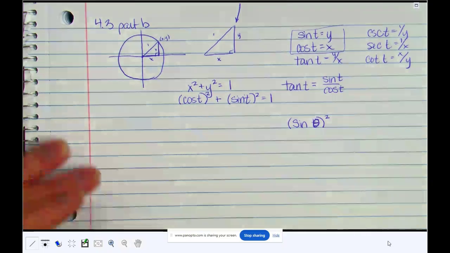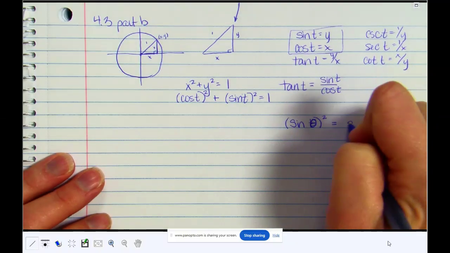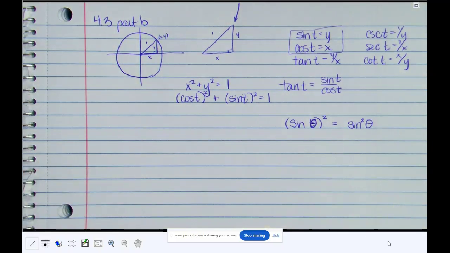So we've got the sine of theta squared. It gets written like this, because what that does is it lets you get rid of a set of parentheses. Otherwise, you're going to get into a situation with too many parentheses. So I'll show you what it looks like.